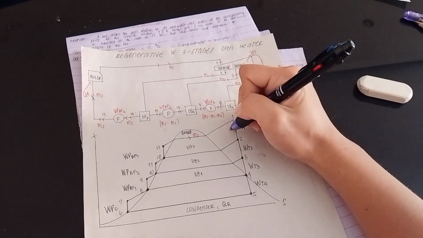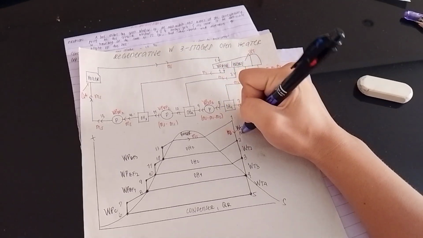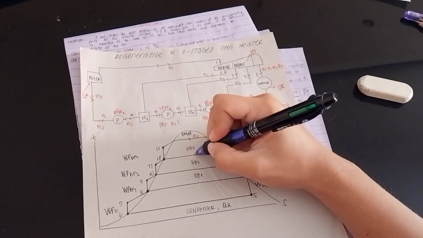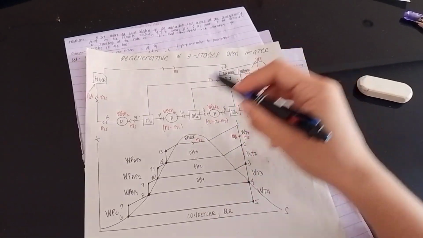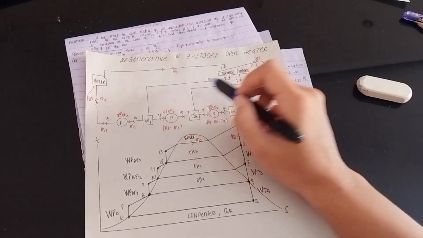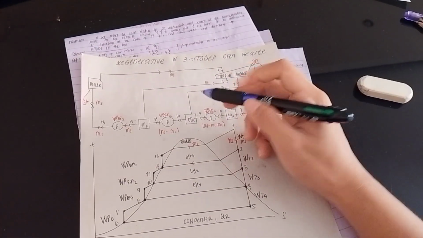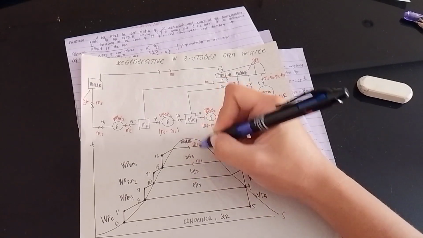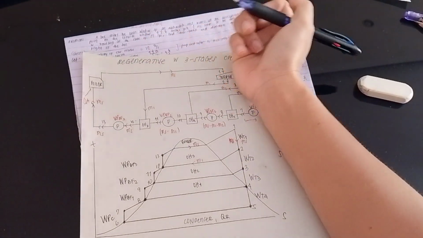At this point it is still MS. But upon reaching open heater 3, at point 2, state 2, the mass there is M1. So the mass entering open heater 3 is M1.